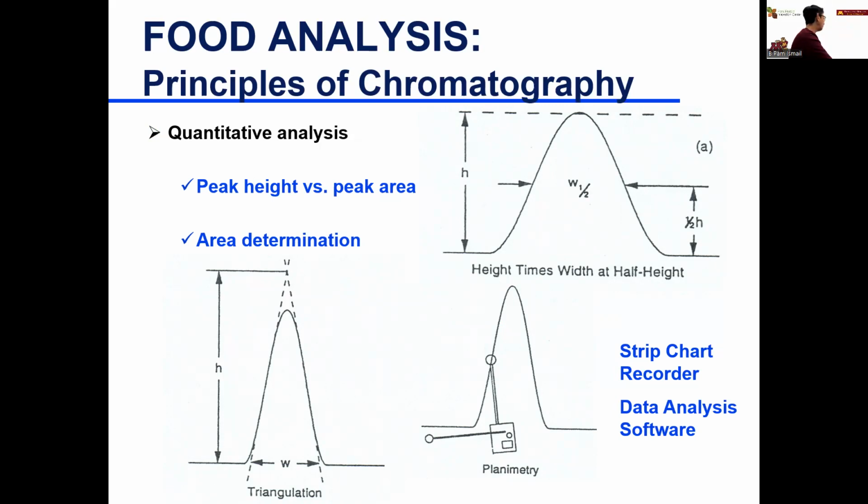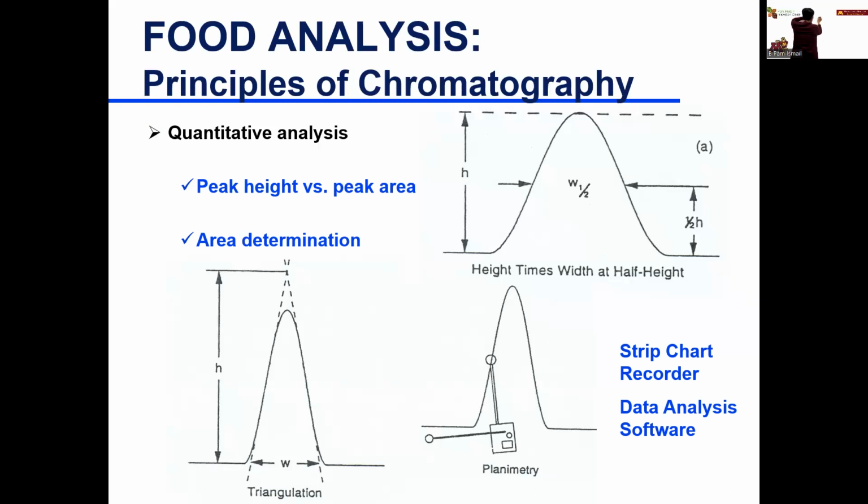So if you start with a sharp peak and you have two sharp peaks, they would have a specific height. But then over time, over use of the column, you might lose some efficiency and the peak widens a little bit.